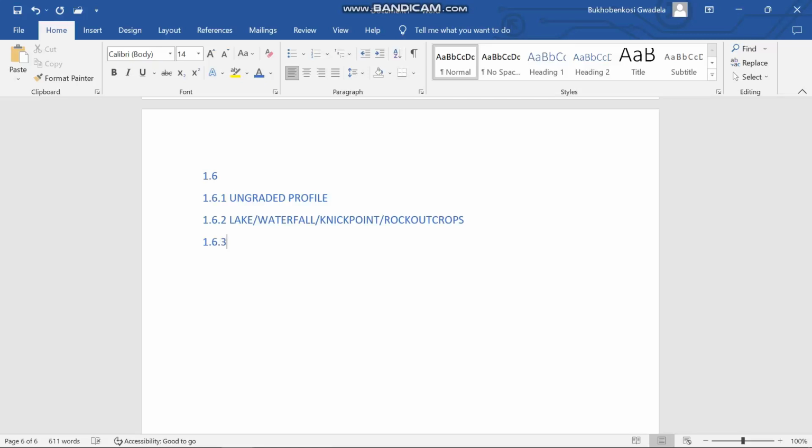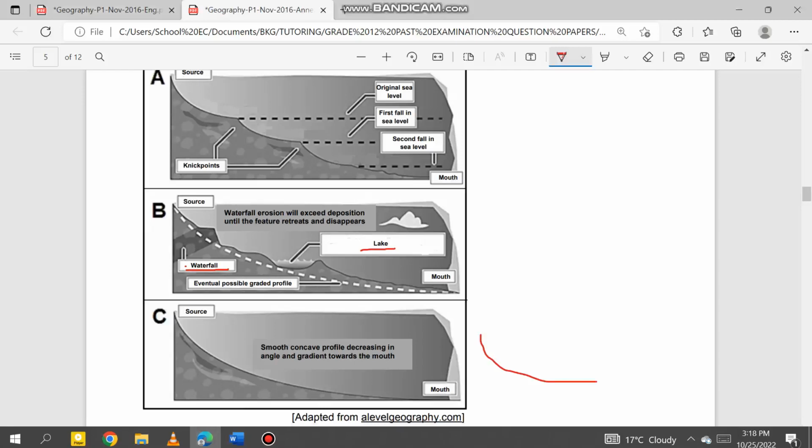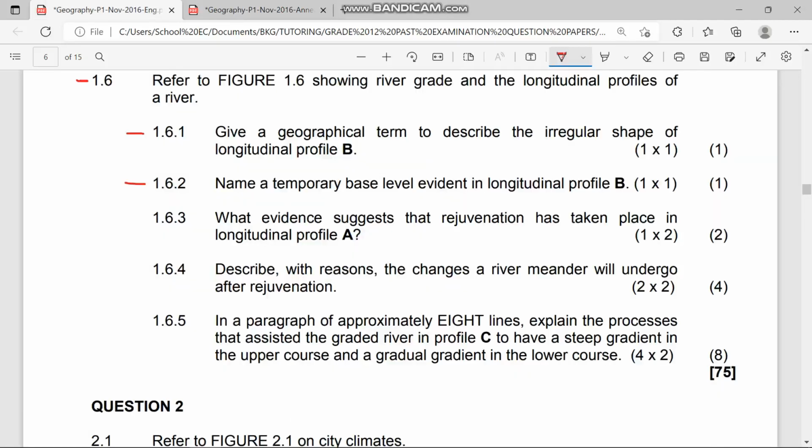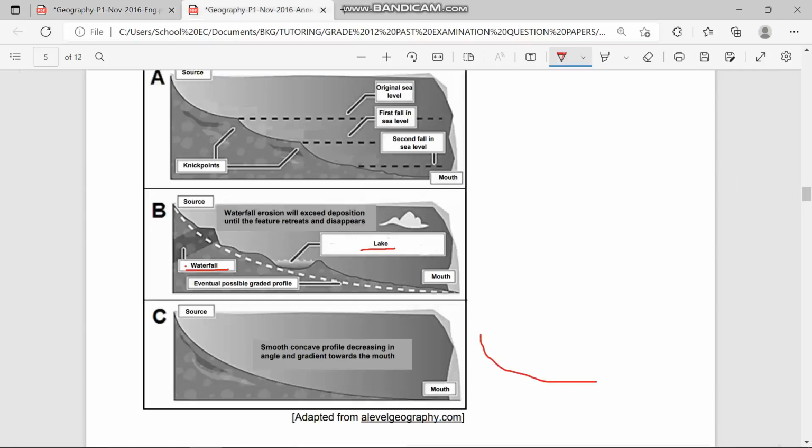Now 1.6.3. Let's move to the question. It says, what evidence suggests that rejuvenation has taken place in longitudinal profile A? Let's go look at A. First of all, there is a drop in the original sea level.